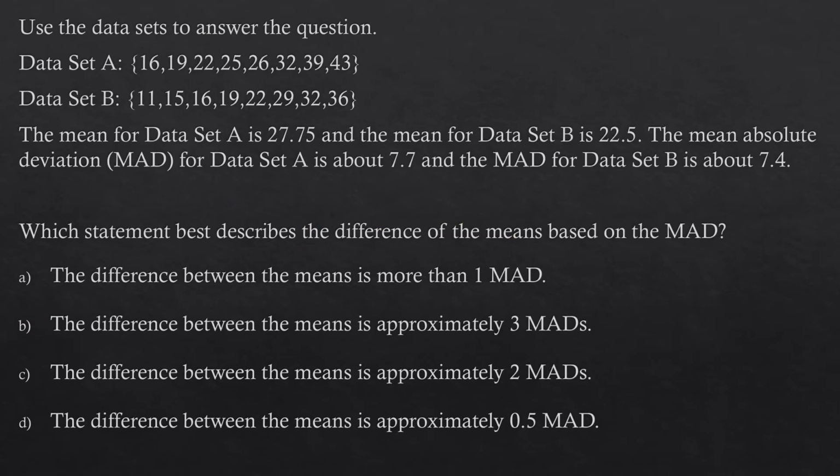Our next question. So we have two different data sets. It tells us the mean for both and the mean absolute deviation, or the MAD, for both. And we want to know which statement best describes the difference of the means based on the MADs. Okay, so if I look, I have 27.75.